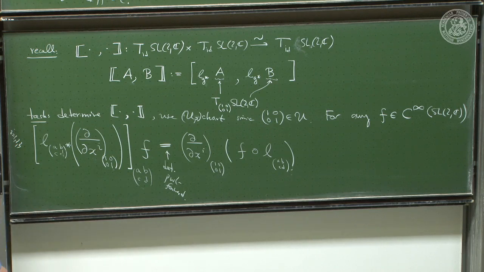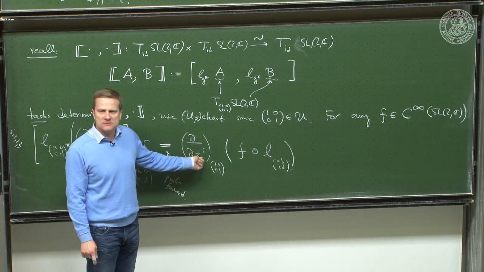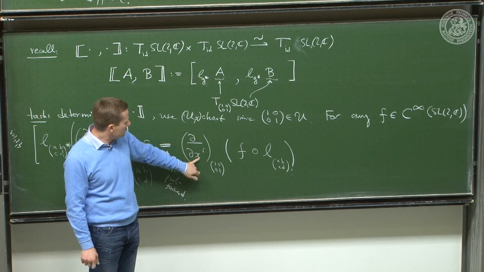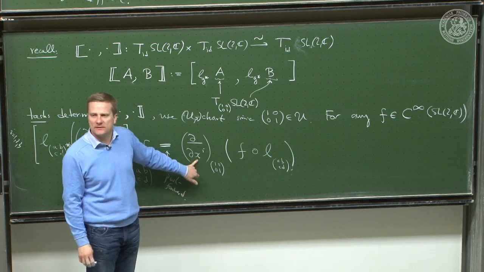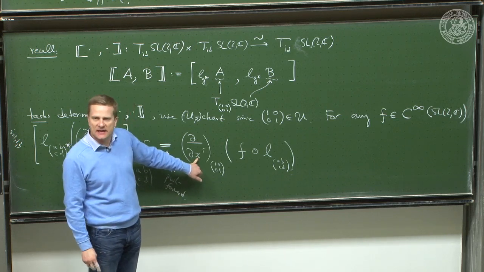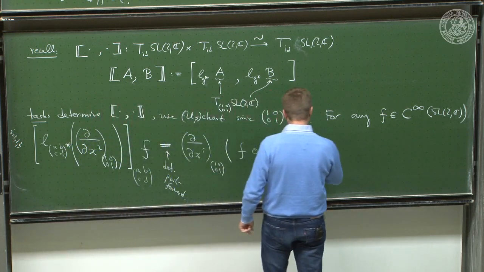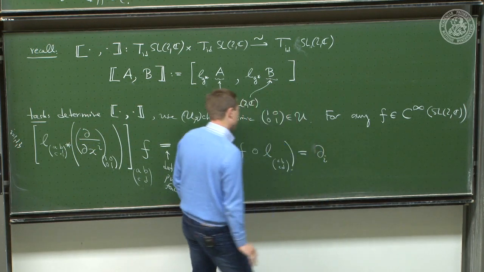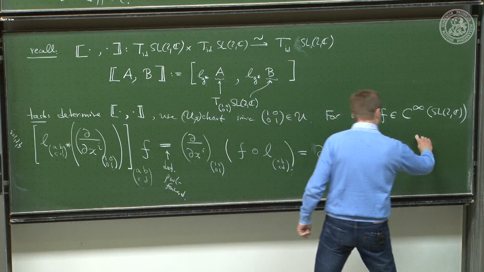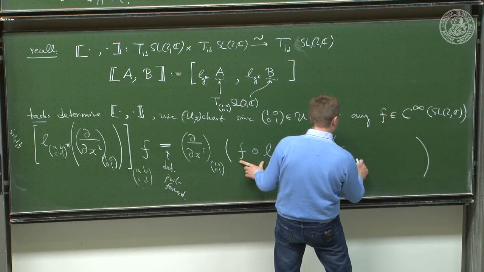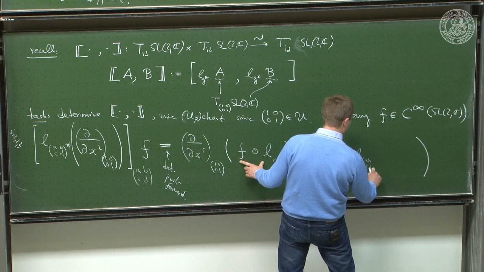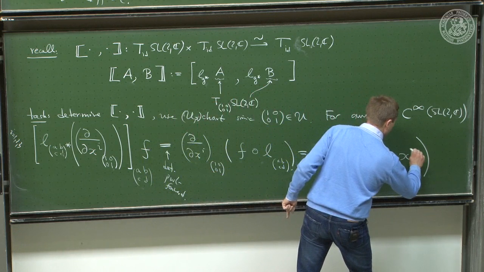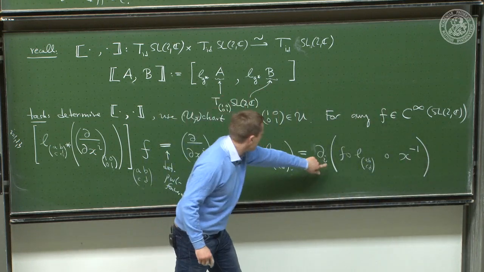Okay, so now we want to calculate this. Do you remember what this was? Was this a partial derivative? No, it was not a partial derivative. It used specifically these coordinates. But how did we translate this into a partial derivative? Well, by taking the ith partial derivative acting on the function behind, in this case f after L, A, B, C, D, after x inverse, the entire x inverse map, but then the ith derivative.